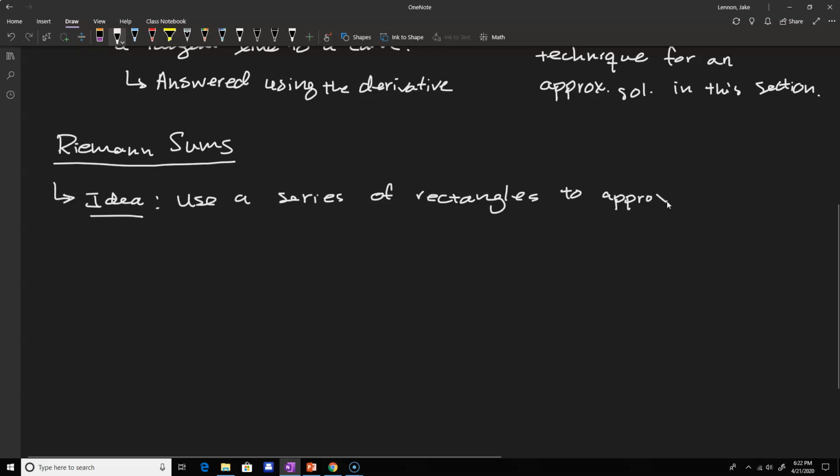Why rectangles? Well, rectangles have a very simple area formula. They just have the formula length times width. And there are different ways to make this more complicated so that you have ideas of convergence and things converging faster. But we're going to take a pretty straightforward, simple approach in this section.